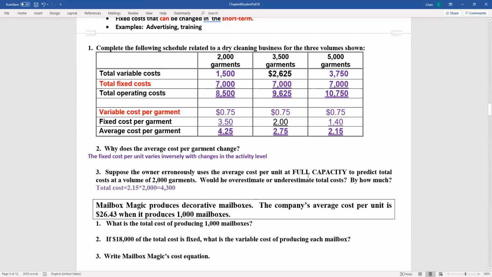Did he overestimate or underestimate total cost? What is the real total cost? It's 8,500, right? So he underestimated total cost by 8,500 minus 4,300, which is $4,200. It is very huge, right? It is very significant. Okay.